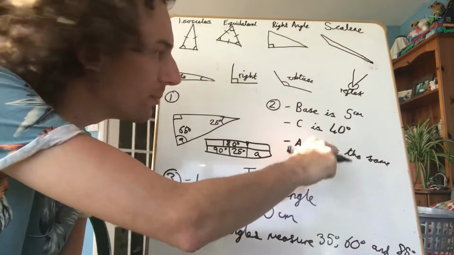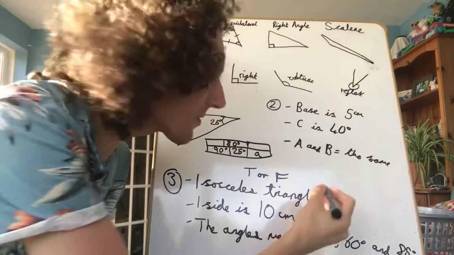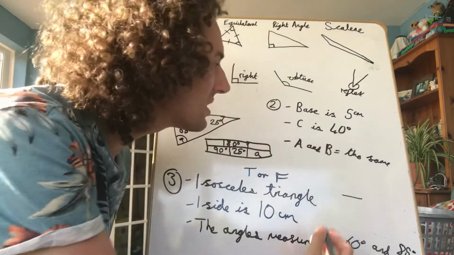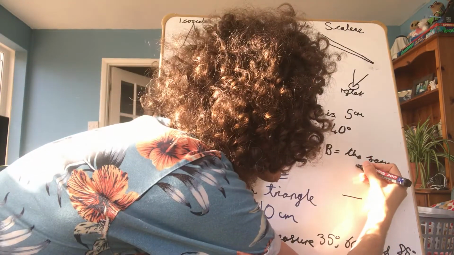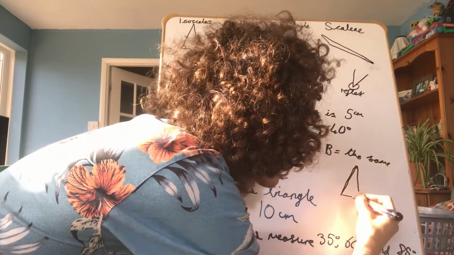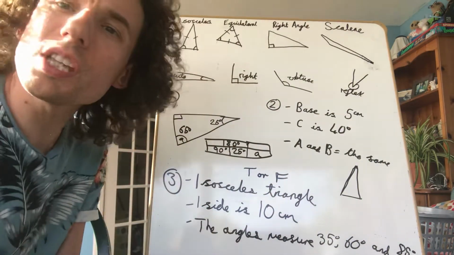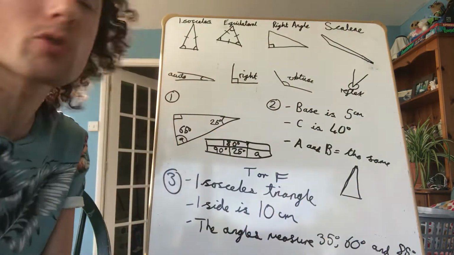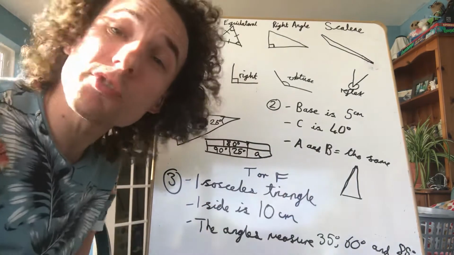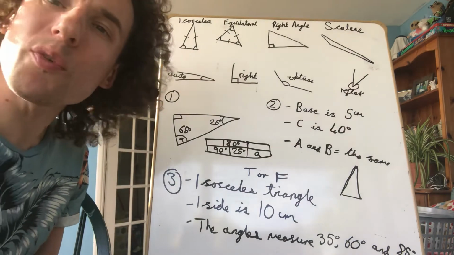Because A and B are the same, but C is different. Oh, isosceles. So if the base is 5 centimetres, we're going to roughly say that this is about 40. So there's our very crudely drawn isosceles triangle. See, you guys can work, you won't be able to draw it, but you can certainly identify the type of triangle.